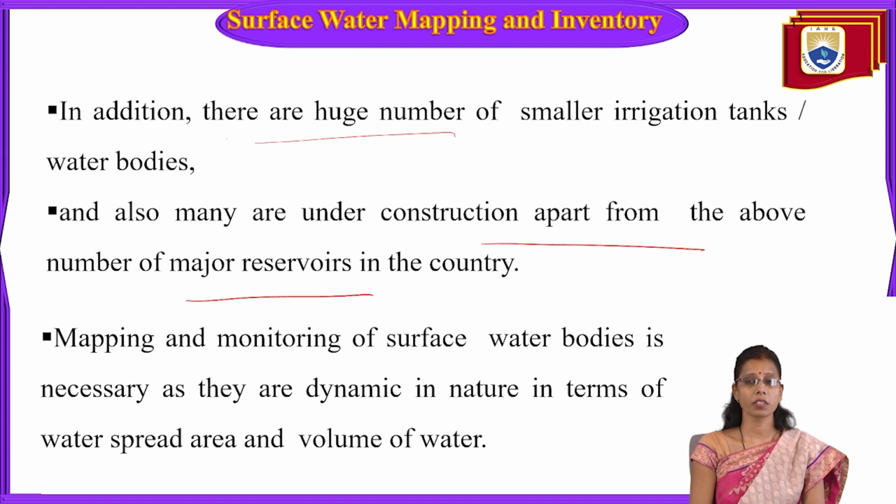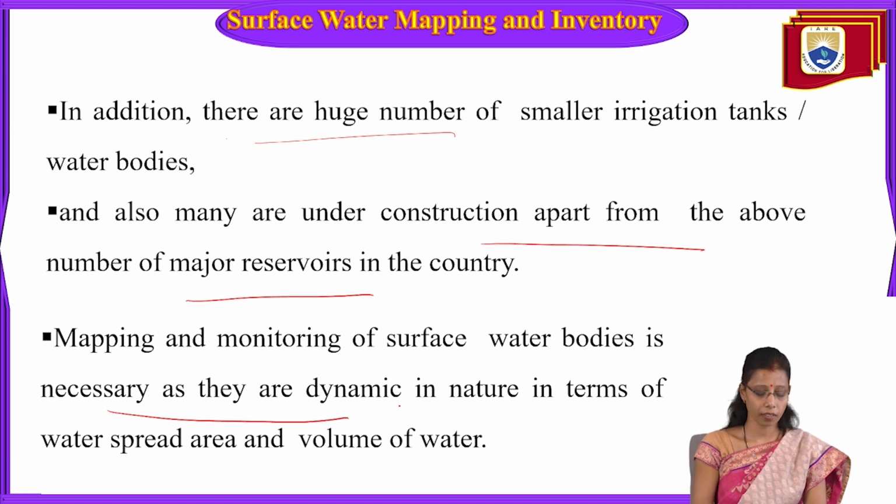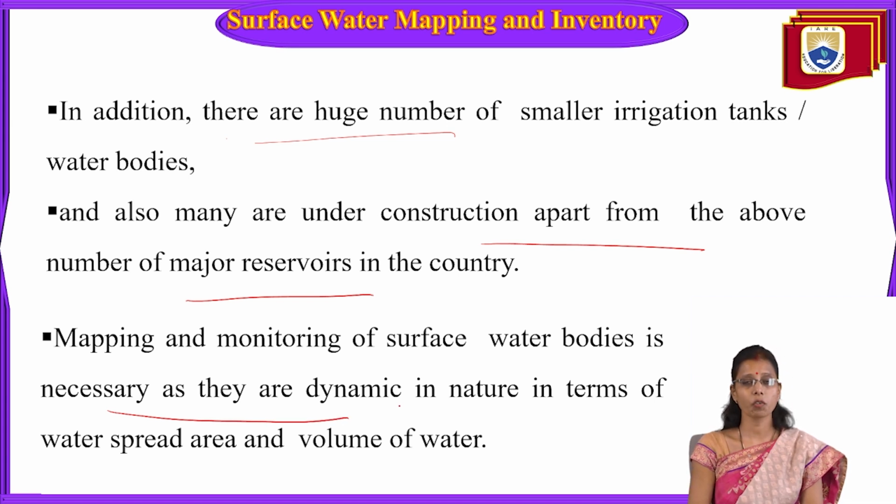Mapping and monitoring of surface water bodies is necessary, as they are dynamic in nature. Every time the water condition will change. Sometimes the water availability is less, sometimes more.